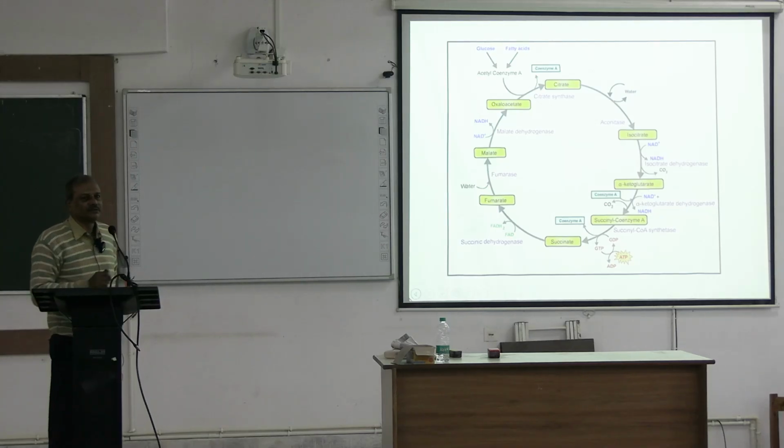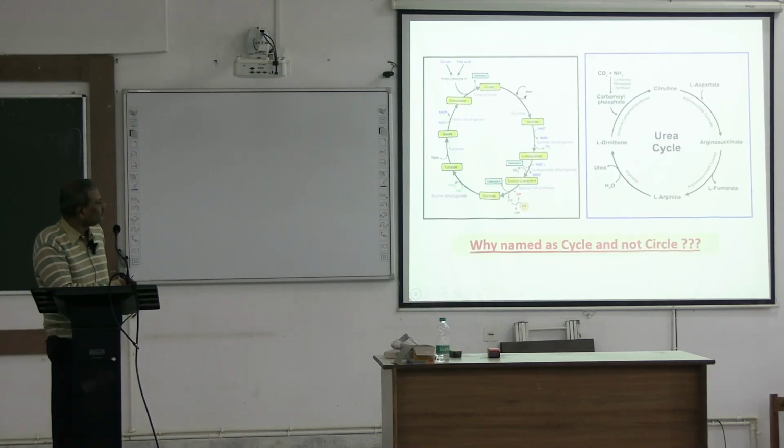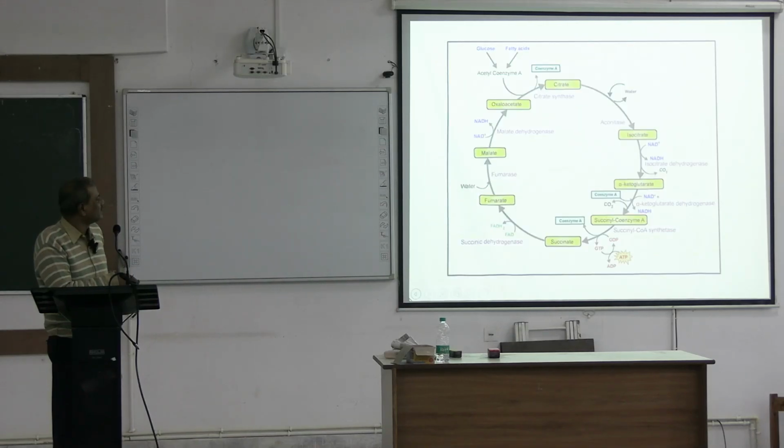So, what is this? Can anybody tell what is this? Krebs cycle. Do you agree? Krebs cycle. Okay. And today we will discuss the urea cycle. So, you see this is in circular form.